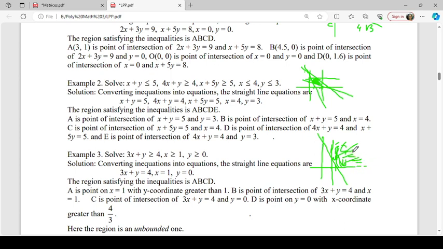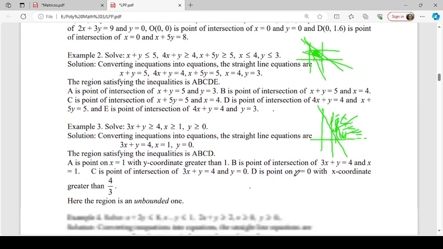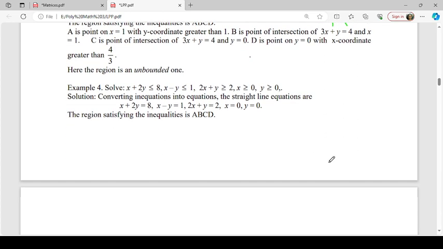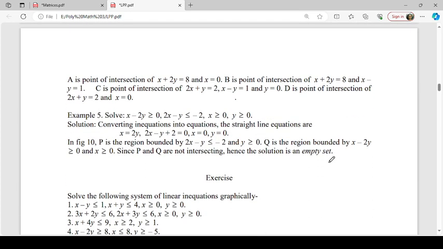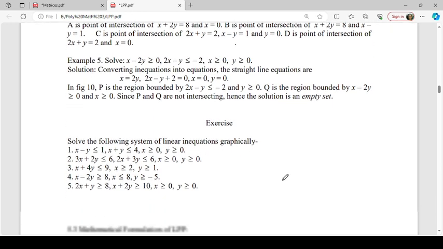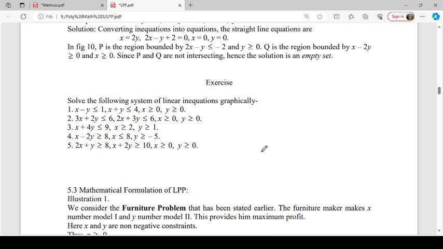So this is the region. This is the way to find the region. This type of region we need to find to solve linear equations. So this is a system of linear equations; graphically we can do these things.